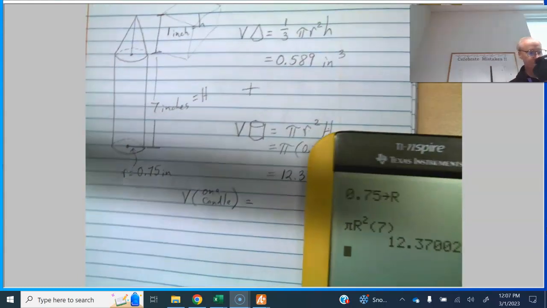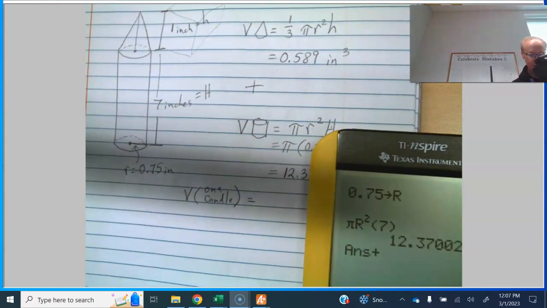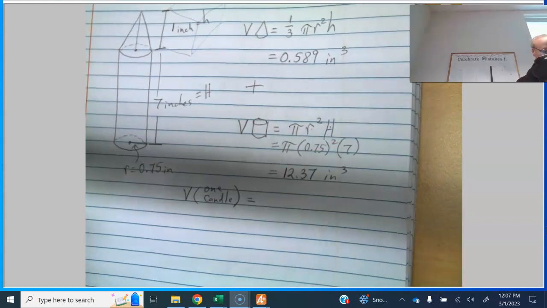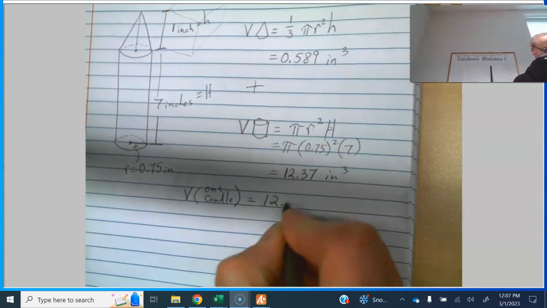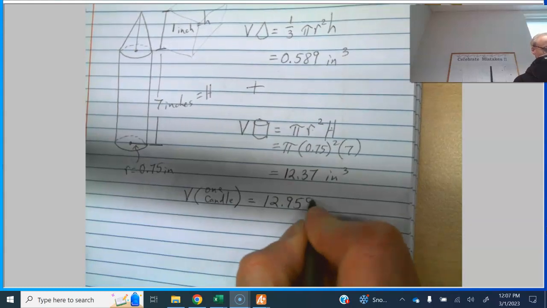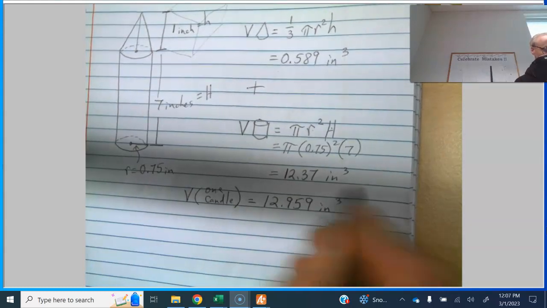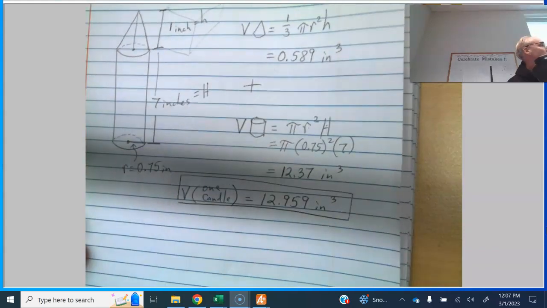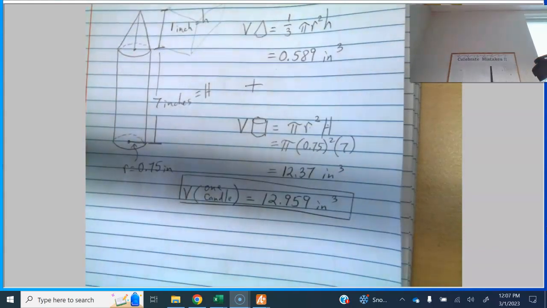So I'm going to take the 12.37 plus the 0.589, and one candle is 12.959 cubic inches. Did she have just one candle? 36 of them.